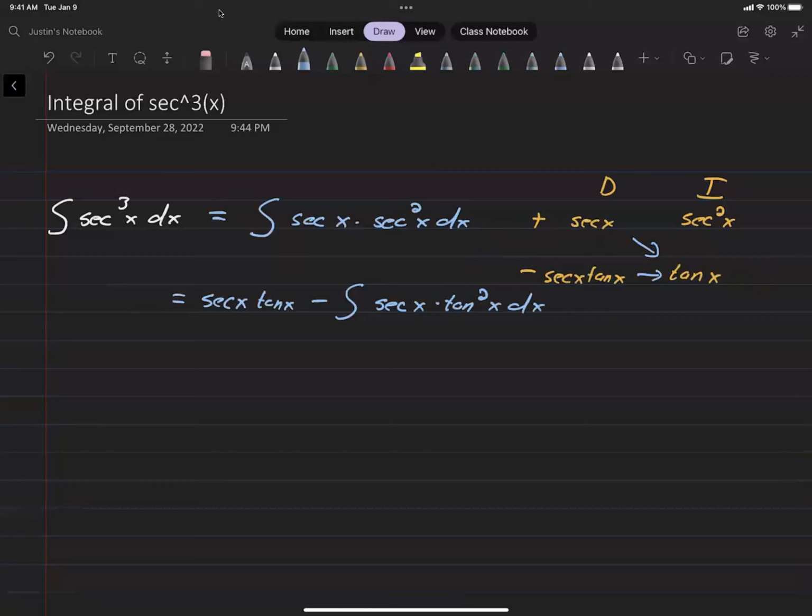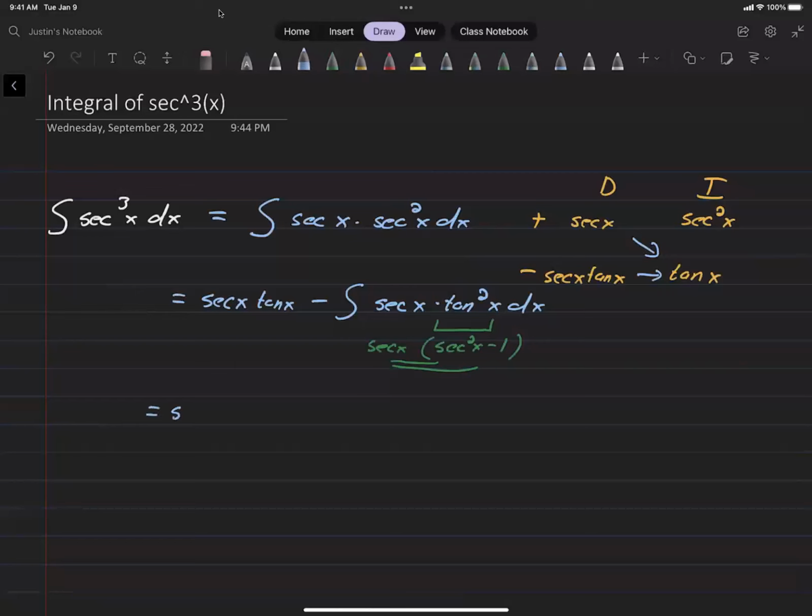Next thing I want to point out, we can use a Pythagorean identity here. Tangent squared, we know, is simply secant squared minus 1. In front of that, we had the secant. So we can distribute here. Let's see what this does.